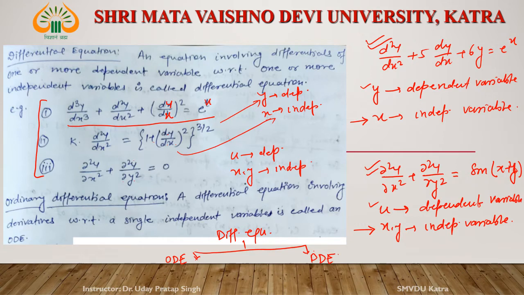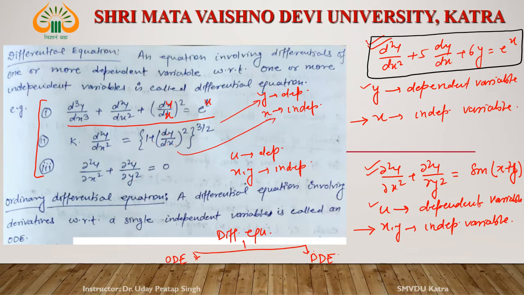An ordinary differential equation is basically a differential equation which involves a derivative of a dependent variable with respect to only one independent variable, right? For example, see this differential equation. What is the derivative of the dependent variable?